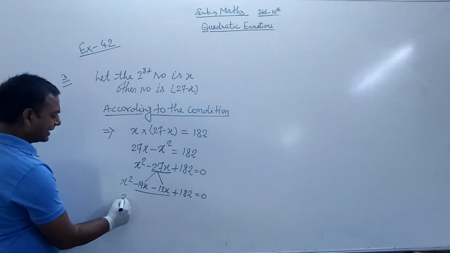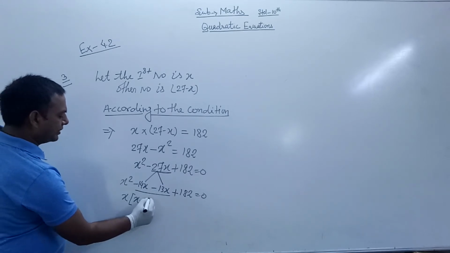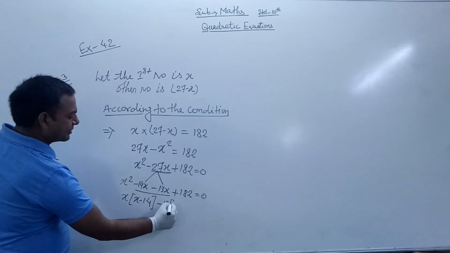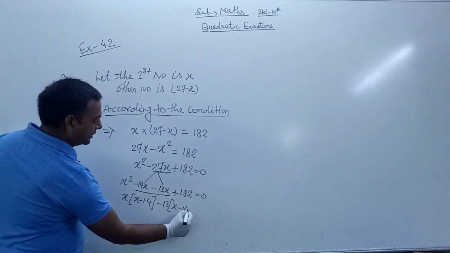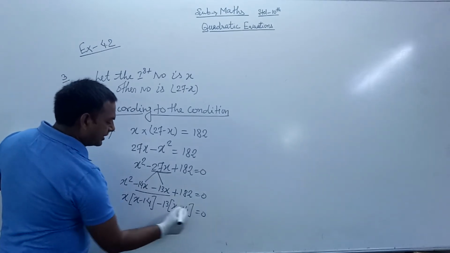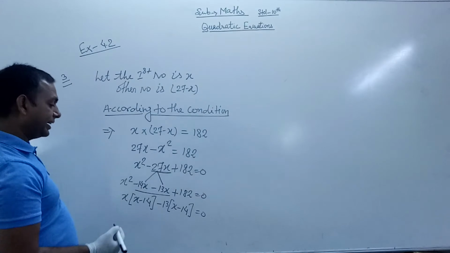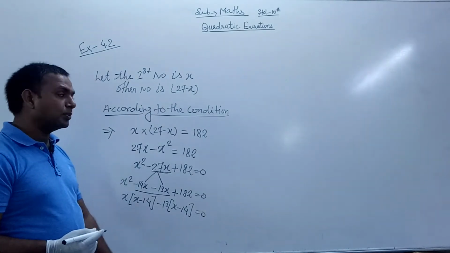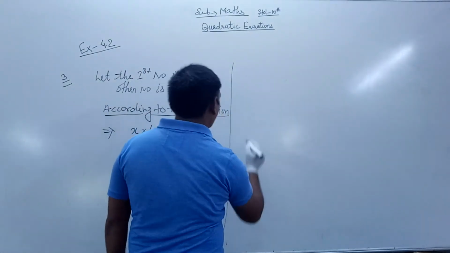You take x common. If you take x common, this is x minus 14, and here you take minus 13 common, so here also x minus 14, because when you take minus common, the sign inside the bracket is changed. So x minus 14 is whole common.